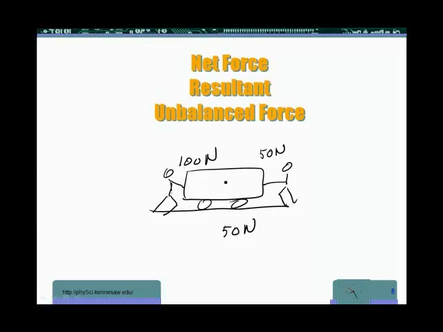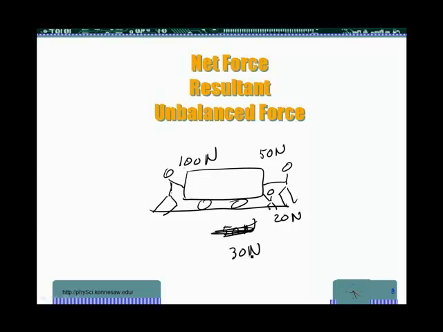We can talk about unbalanced forces when we have two forces, or we can have three forces. Let's assume we have a smaller person here pushing hard at 20 newtons. Now my unbalanced force is going to be 30 newtons, 100 then towards the right, and then I have 70 towards the left.